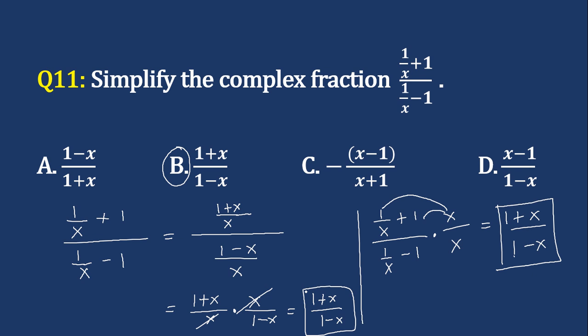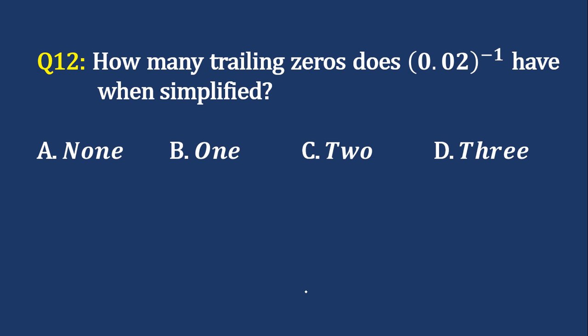Okay, next question. How many trailing zeros does 0.02 raised to negative 1 have when simplified? What do you mean by trailing zeros? These are zeros at the tail of the number. So we will simplify this first.